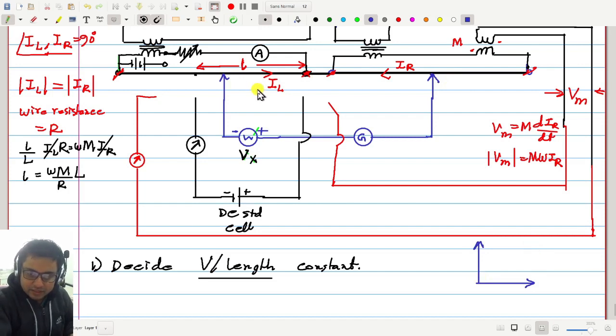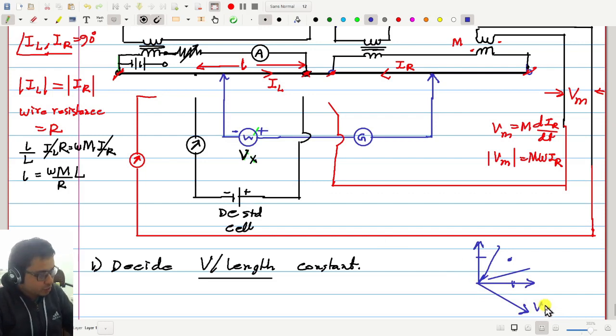Then by changing this length and this length, you are taking one component from here, another component from here, and you can change these horizontal and vertical components, so you can move anywhere in the first quadrant. But suppose this unknown voltage, its phasor representation is somewhere here, this is Vx with respect to some chosen reference, then we can never get the balance.